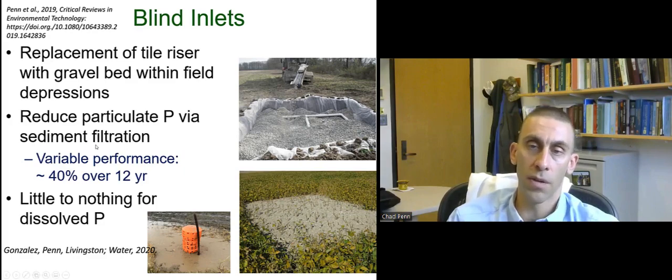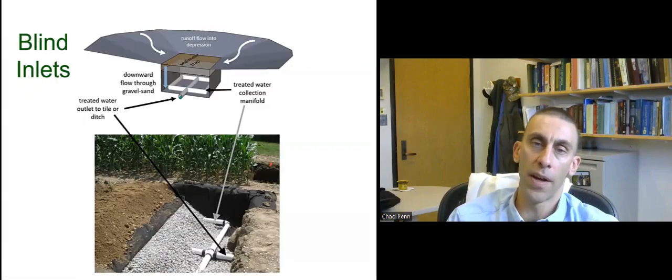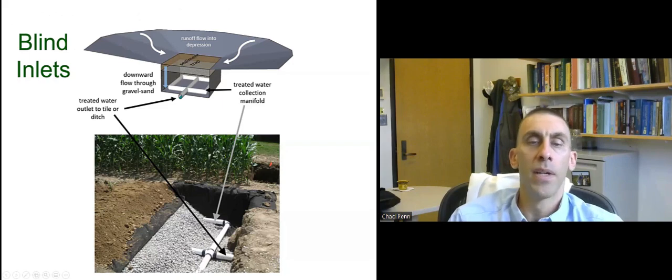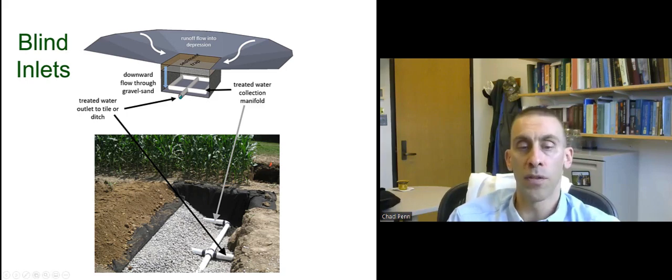However, if you modify that, so if you imagine in your blind inlet filter media, if you amended this with some sort of a P-sorption media or replaced it with a P-sorption media, then now your blind inlet kind of has a dual purpose. It can serve as a phosphorus removal structure.